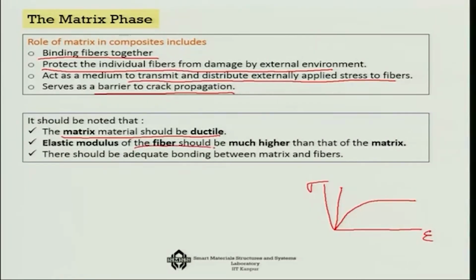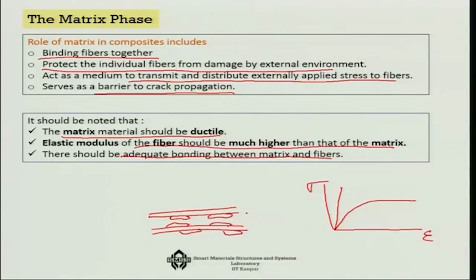The elastic modulus of the fiber is generally much higher than that of the matrix, and there should be adequate bonding between matrix and fibers. Because sometimes what happens is, suppose you have two fibers, and if you look at it very closely you may see some pockets of areas where the matrix has not reached.